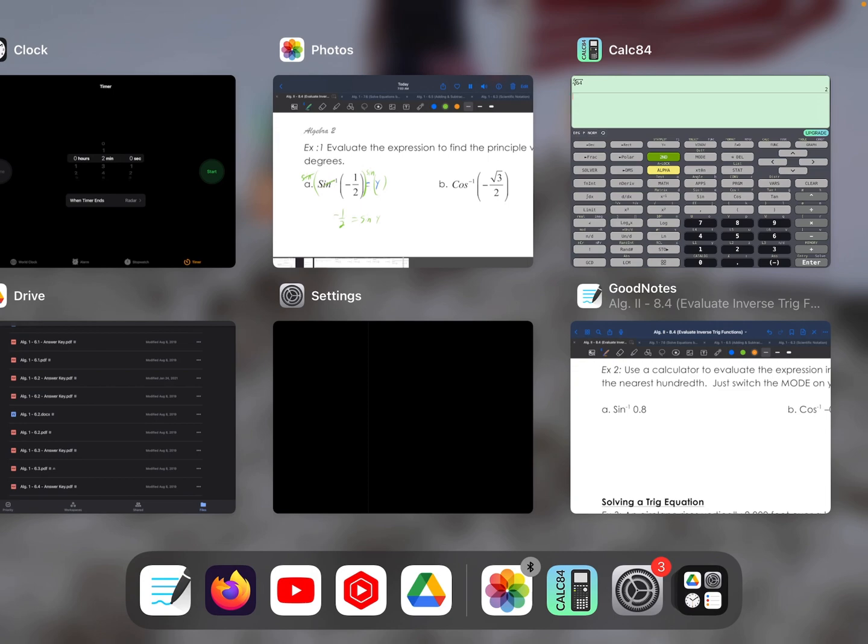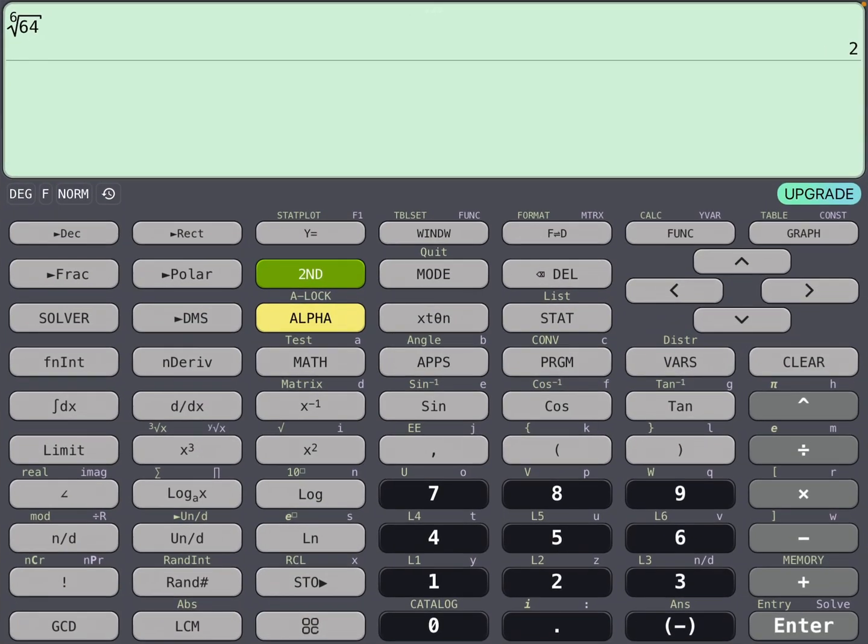And then evaluate from there. So for example, if I type in inverse sine, which is second sine, and right now I'm in degrees, and it reminds me with that little DG right underneath the screen on the calculator, and I put in 0.8, it tells me that's 53.13 degrees, to the nearest hundredth.